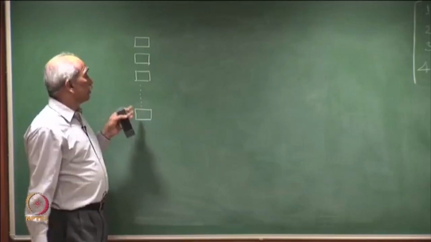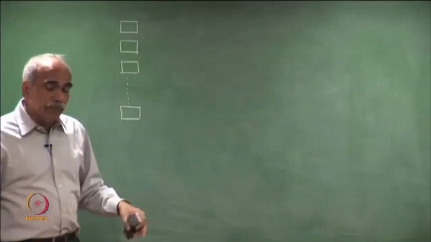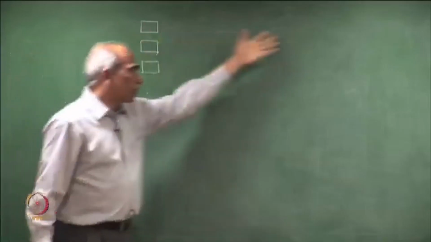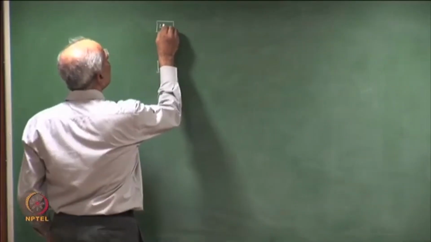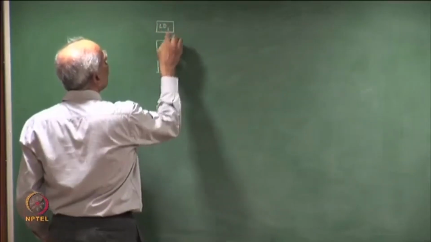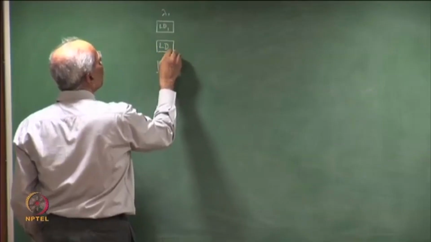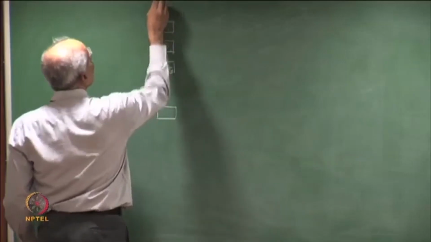More recently, there has been work reported where 100 Gbps, 10 channels of 100 Gbps systems were integrated on a single PIC to realize transmitters. So, these are the LD 1, 1 standing for lambda 1. So, this is wavelength 1, LD 2, LD 3 and so on. So, these are DFB lasers.